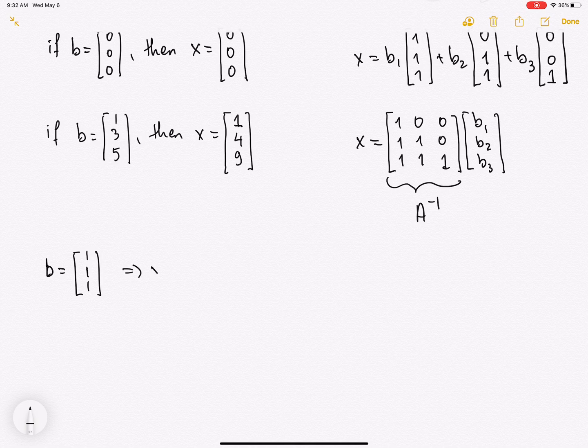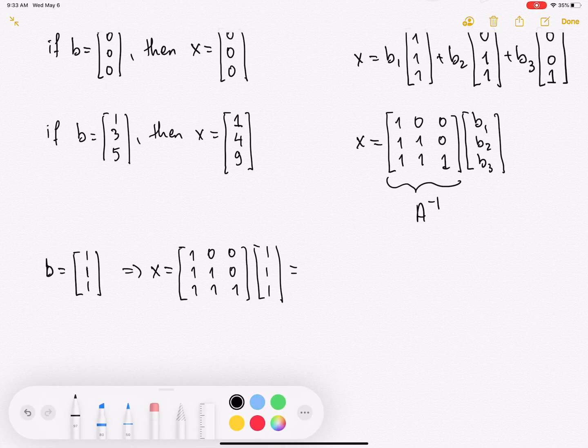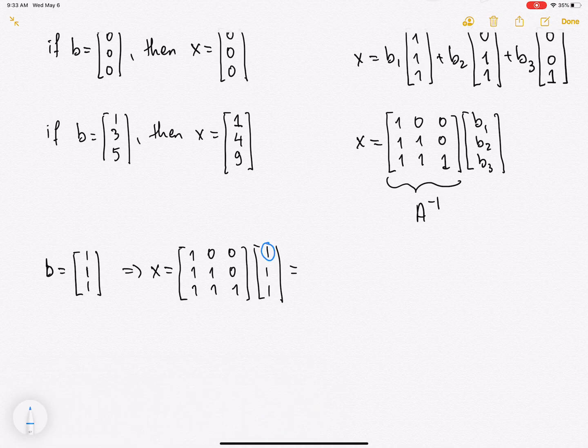From here, x equals 1, 1, 1, 0, 1, 1, 0, 0, 1 times the vector 1, 1, 1. Now, you can carry out this multiplication using dot product. So you would do the first row times b, the second row times b, the third row times b.